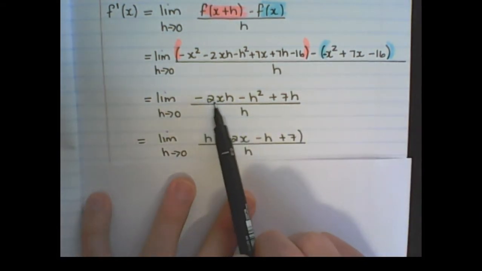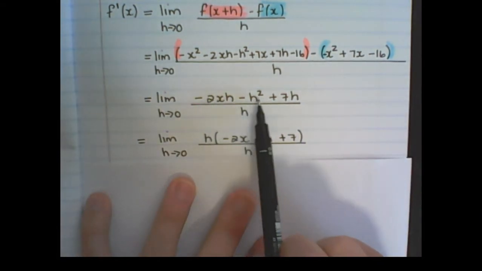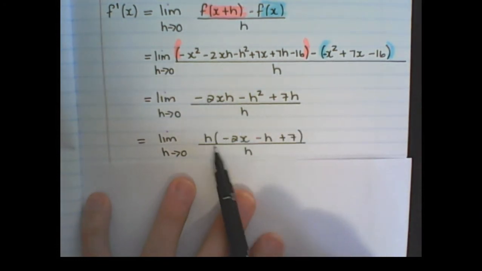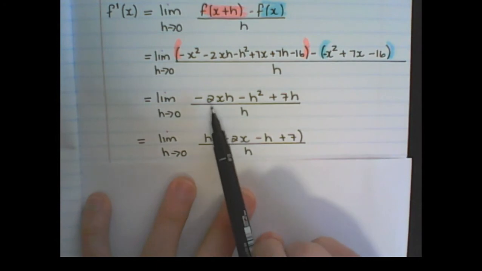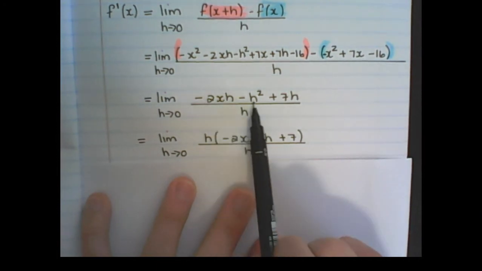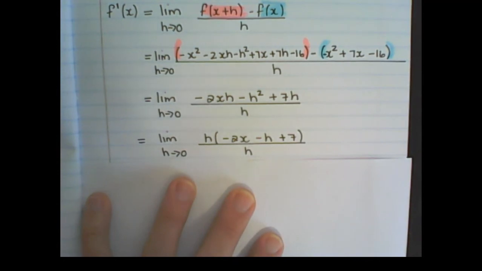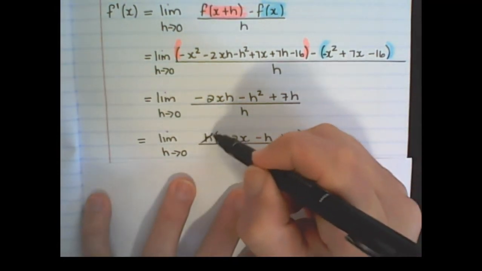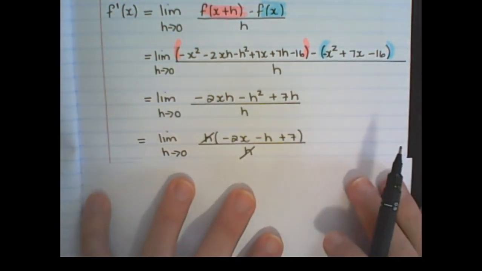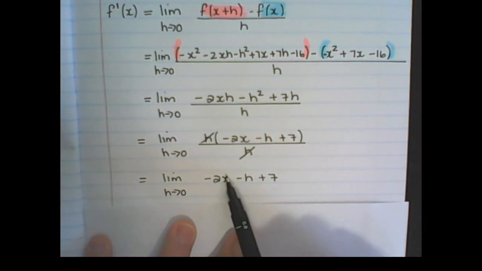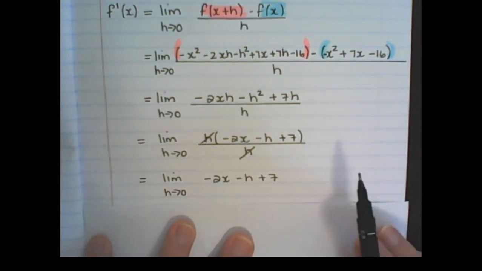What I do see is that all of these terms have an h in. So I take out h as a common factor, and I'm left with negative 2x minus h plus 7. The h's now will cancel out. So I'm left with the limit of h towards 0 of negative 2x minus h plus 7.